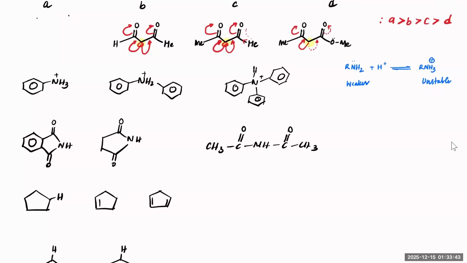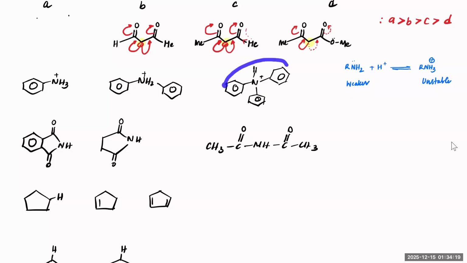Now, how do we notice that they are unstable in this case? So check it out. What would happen in these cases? If the acidic strength has to be more, definitely you will look into whichever of the possible cases is unstable. Now, unstable comes from a weaker base. You remove this H plus, you will get a lone pair. The lone pair is delocalized in all three positions in this case, which means the lone pair is hardly available, making it a weaker base.